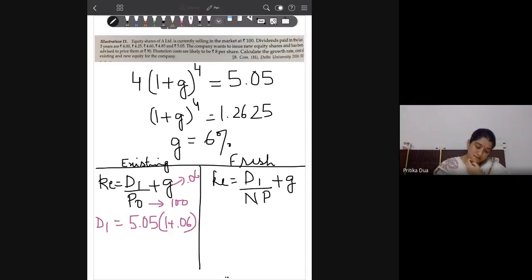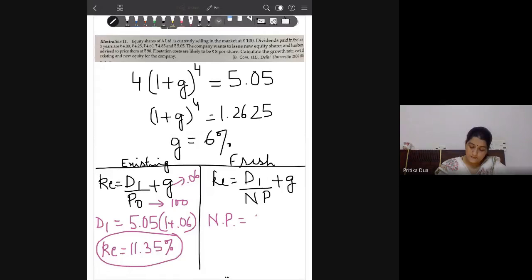So what is the answer you are getting? 11.35% is the correct answer. Now calculate for the last part, fresh equity. Rest is same.